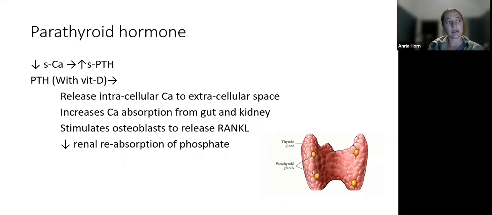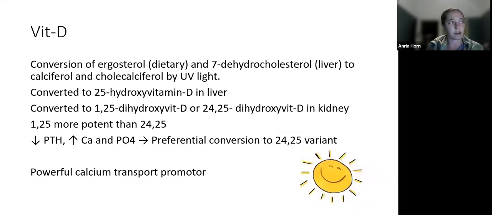It will release intracellular calcium to the extracellular space, increase calcium absorption from the gut and kidney, stimulate osteoblasts to release RANKL and therefore cause more bone resorption, and also decrease the renal reabsorption of phosphate. So you'll basically have an increase in serum calcium and a decrease in serum phosphate.